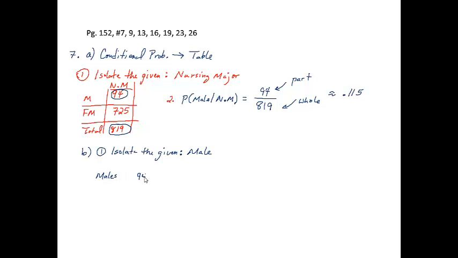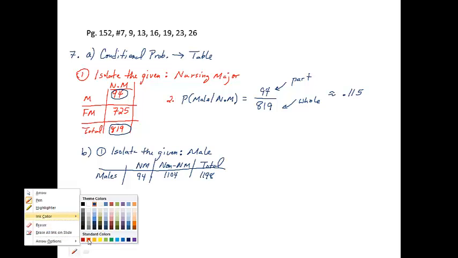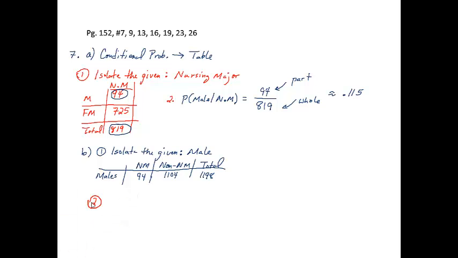We have 94, 1104, and then 1198. This is the total. These are the non-nursing majors, and these are the nursing majors. Okay, so we isolate the given, and then we come back and look for the probability that we're actually interested in.